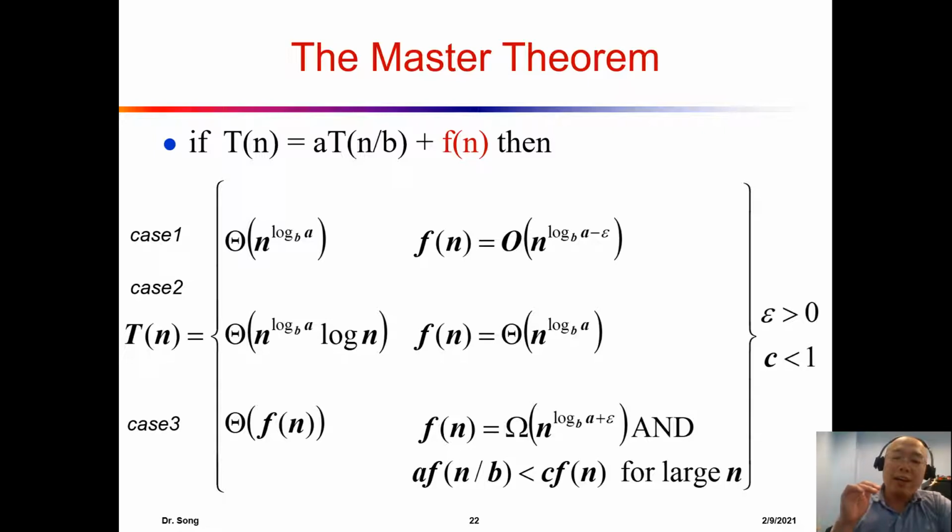And in addition, you also want to prove that a·f(n/b) is smaller than a constant c times f(n), for large n. So case 3 will be the hard part. Okay, so this is still very dry, I understand that. So let's see a few examples.